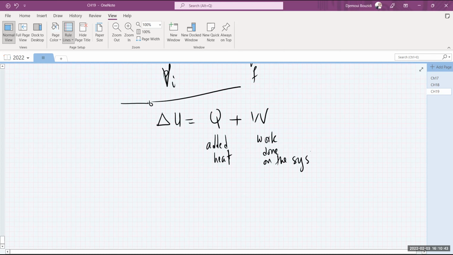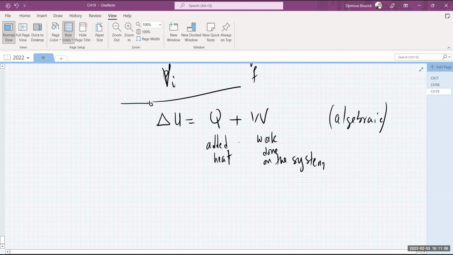Now, I said before that this statement is actually algebraic, meaning I could have heat added negative, which means I remove heat, okay? That's what the sign means in this case. Or I could do negative work on the system. In other words, I could have the system do work.